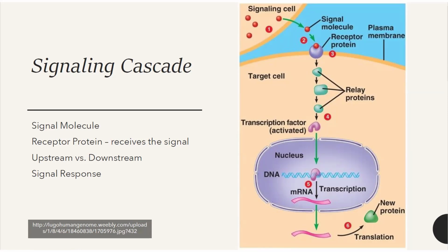The way that I think about a signaling cascade is like when you're a kid and you go to your friend's house and you knock on the door. Well, who answers the door? First of all, you've got the door, which is basically the plasma membrane. That's the barrier that keeps you, the kid, the signal molecule, from just walking in there.